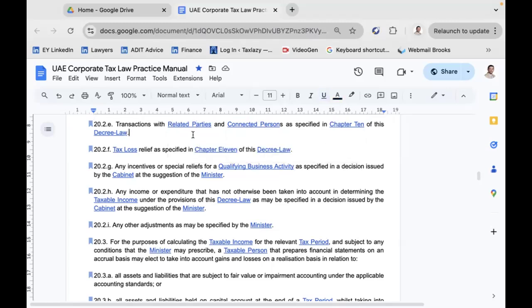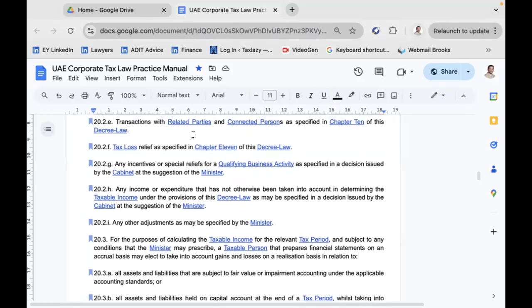So these articles will become relevant here, and God forbid, if you had violated any arm's length principle, then the authority may say that you have reduced your taxable income. So you have to book an adjustment for transfer pricing. That is, we will need to book in the adjustment column and increase our taxable income.